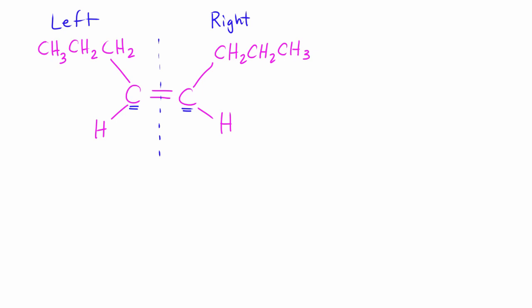Now, is this a cis-trans isomer? Well, the criteria is that we have the same two atoms or atom groups on both sides of the double bond.